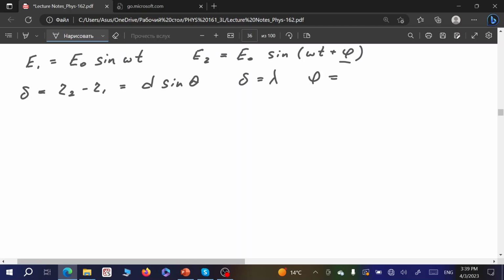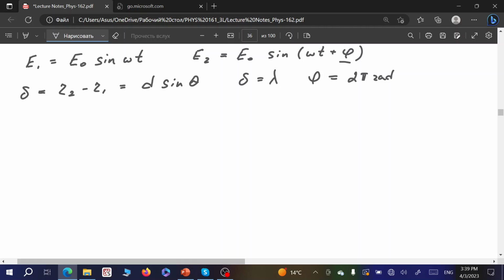If delta is equal to 0, the phase shift is 0, because there is no phase shift. If delta is equal to lambda, the phase shift is 2 pi, because it's a complete cycle. So it's 2 pi radians.